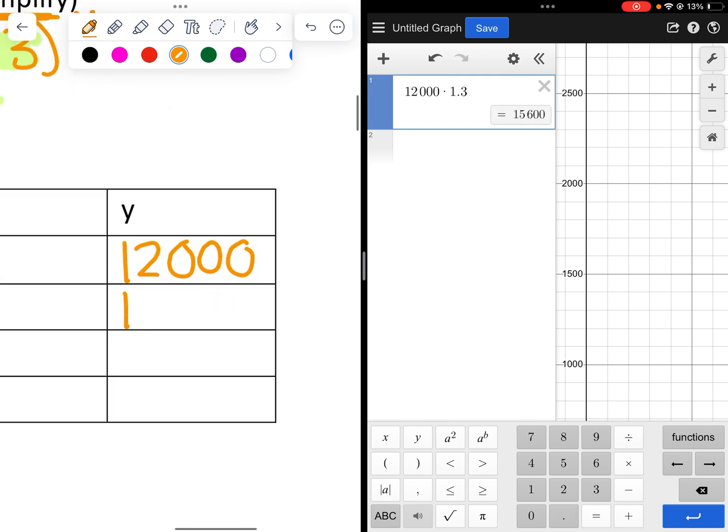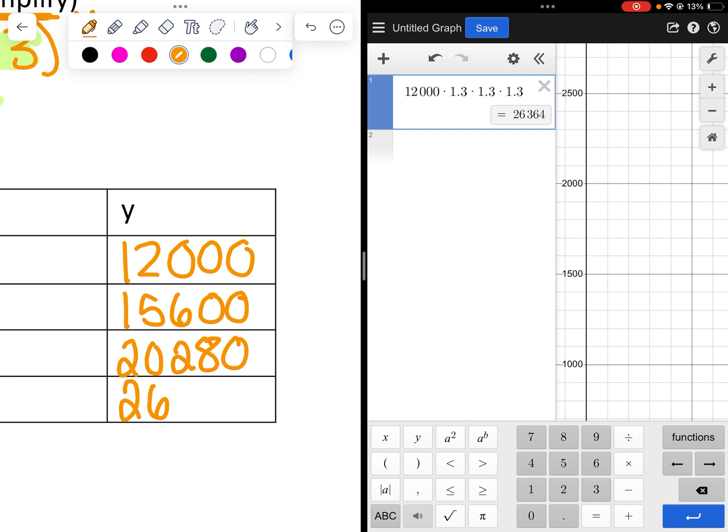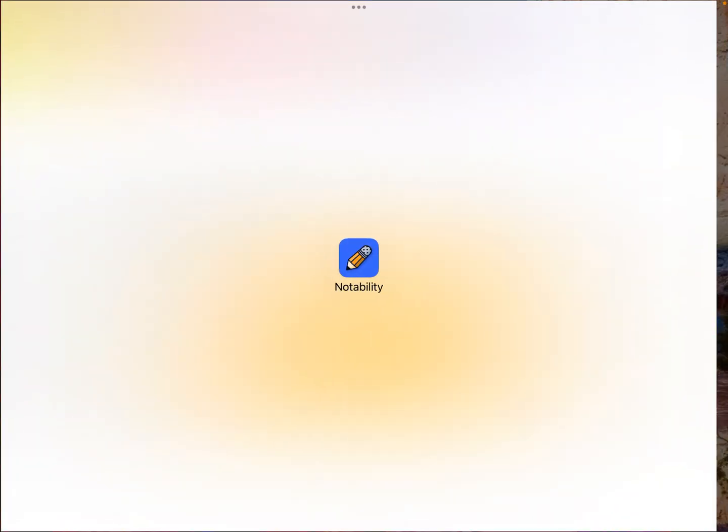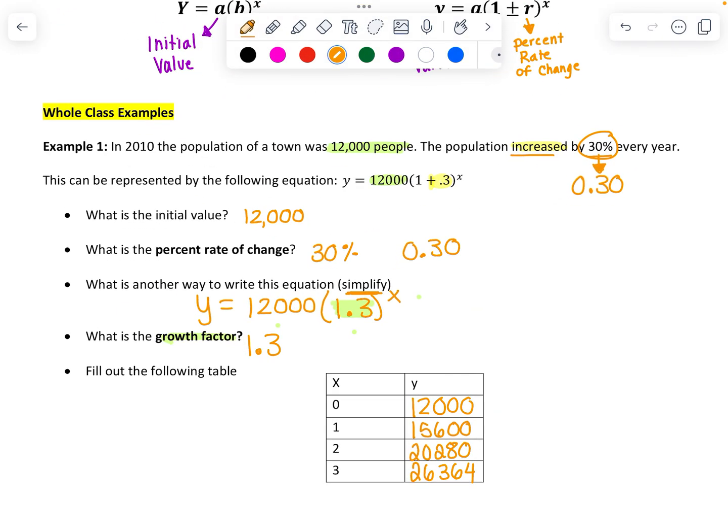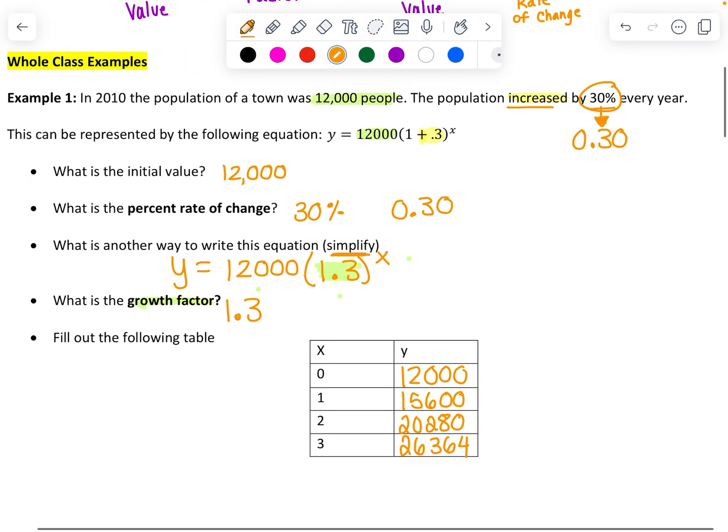And we have 15,600, multiply it by 1.3. 20,280, multiply it by 1.3. 26,364. And that's all you got to do. So we need to know the difference between percent rate of change and growth factor.